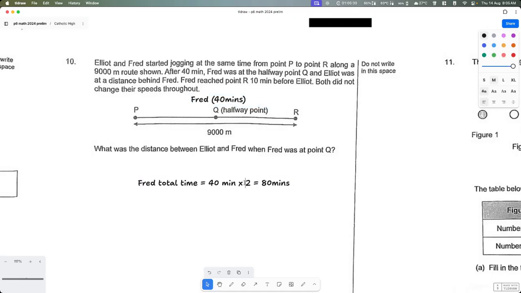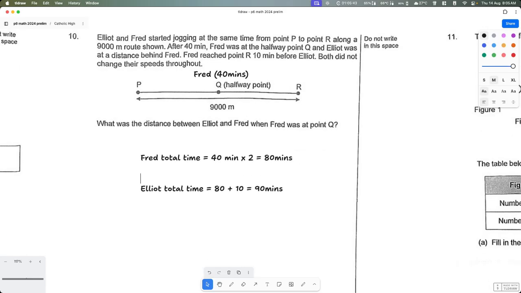Now we want to know Elliot's total time, which is equal to 80 plus 10, which is equal to 90 minutes, because Elliot reached 10 minutes after.